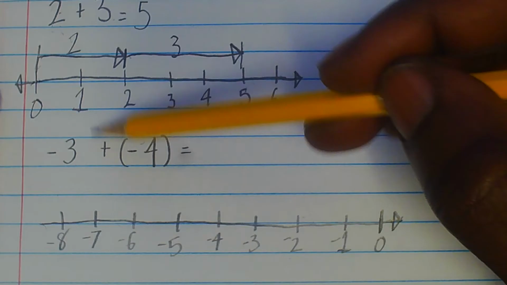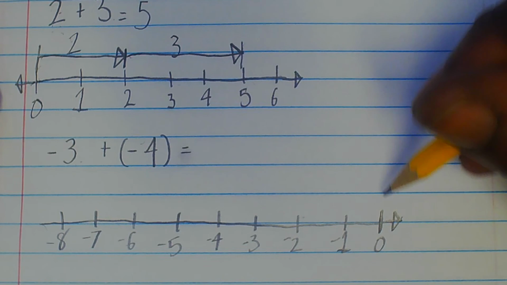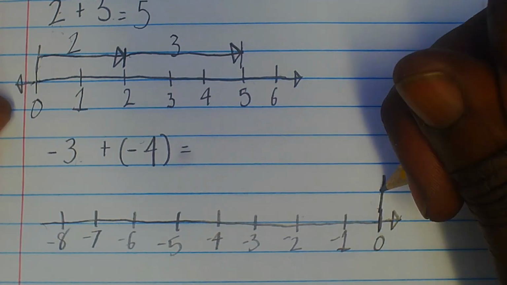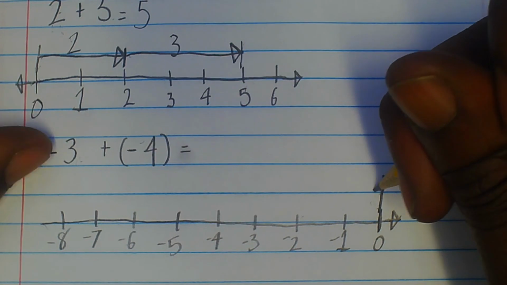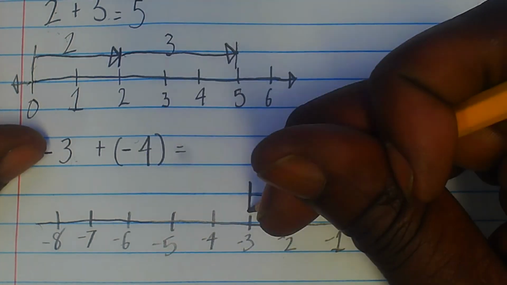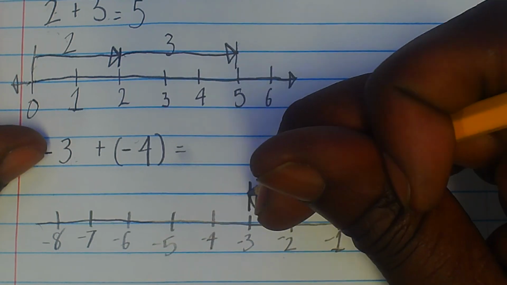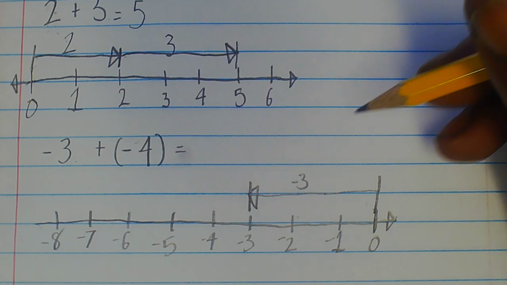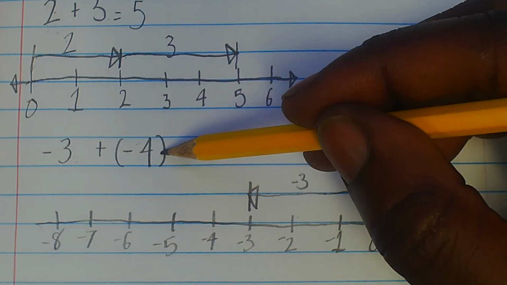All right. So I'm going to represent the first value, which is -3, meaning starting from 0, I'm going to draw an arrow that stops 3 units to the left of 0. So this represents -3. And then we have to represent the second term.